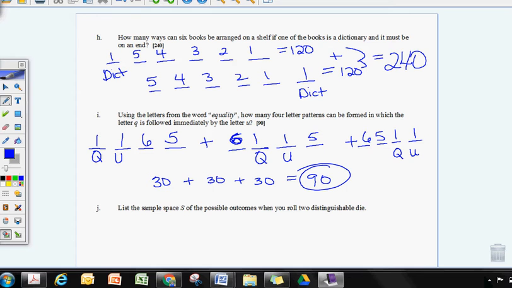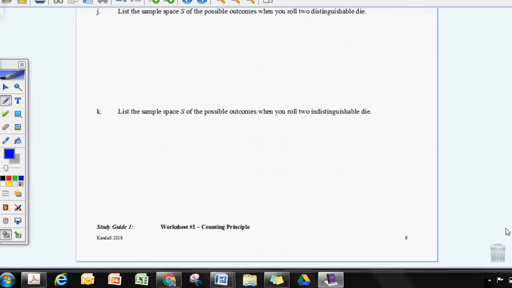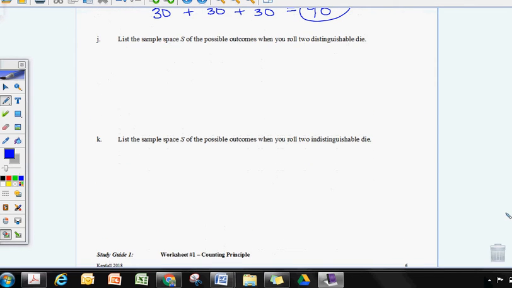Okay, the last two are writing some sample spaces and making sure that you understand it. Now, I personally, if I'm rolling 2 dice, first of all, everyone understands there's 6 sides to every die. So we're going to have numbers 1 through 6 represented here.